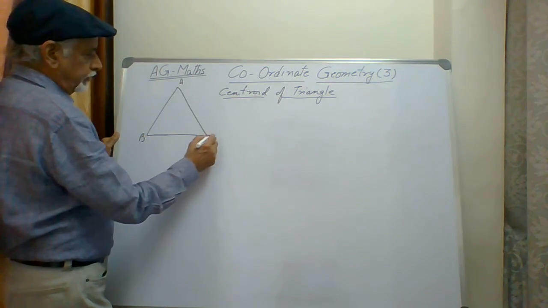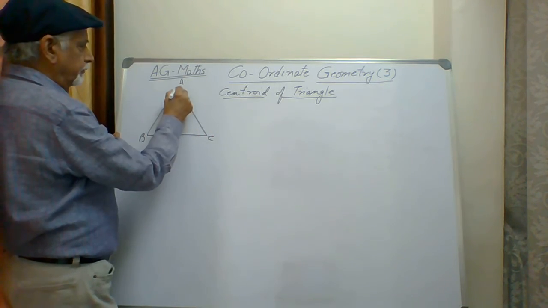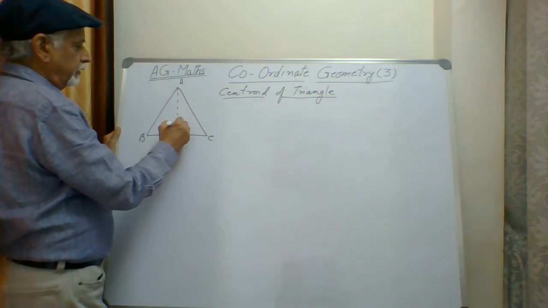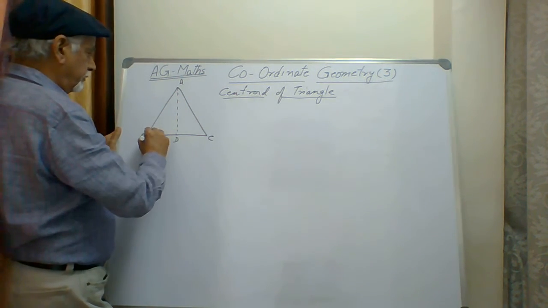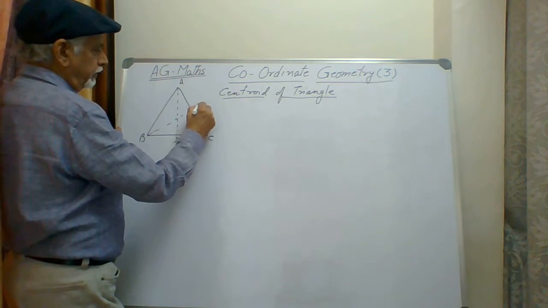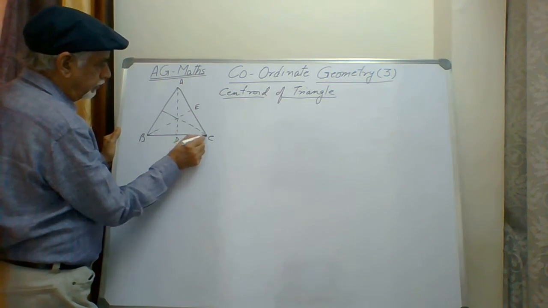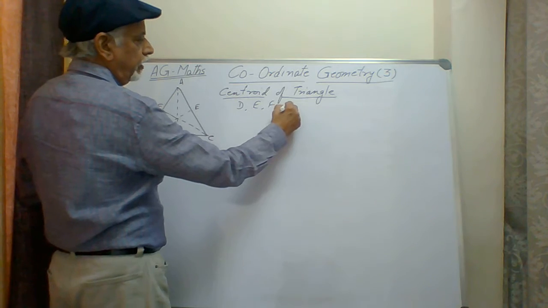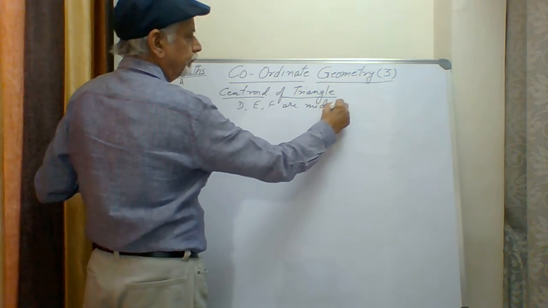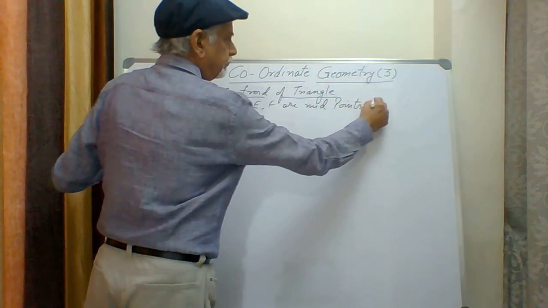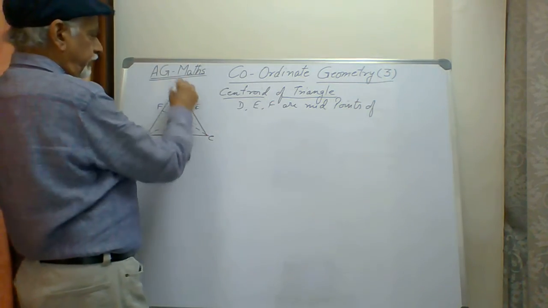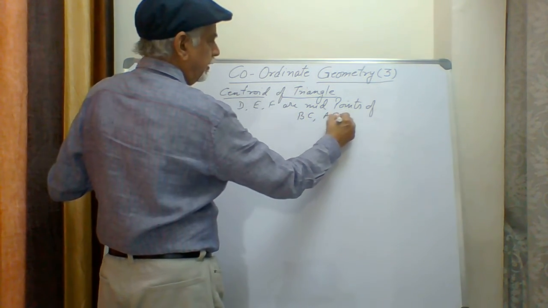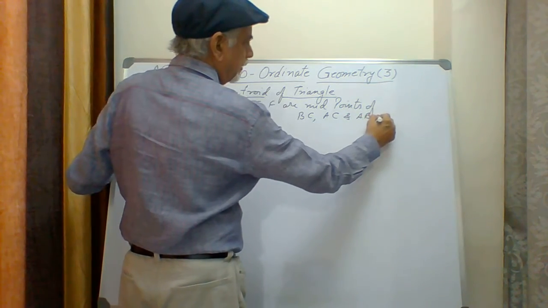Say the triangle is ABC, and suppose I draw a median like this D, from B I draw E, and from here I draw F. So D, E, F are midpoints of BC, AC and AB respectively.